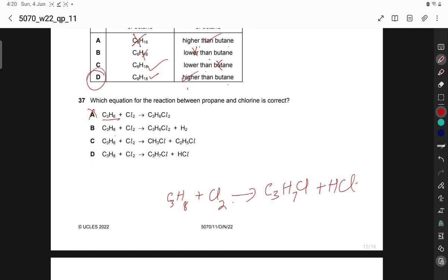With C3H8 and Cl2, HCl is formed instead of H2. C3H7 and Cl is incorrect. Cl2, CH3 is incorrect. C2H5Cl, so this option is correct.